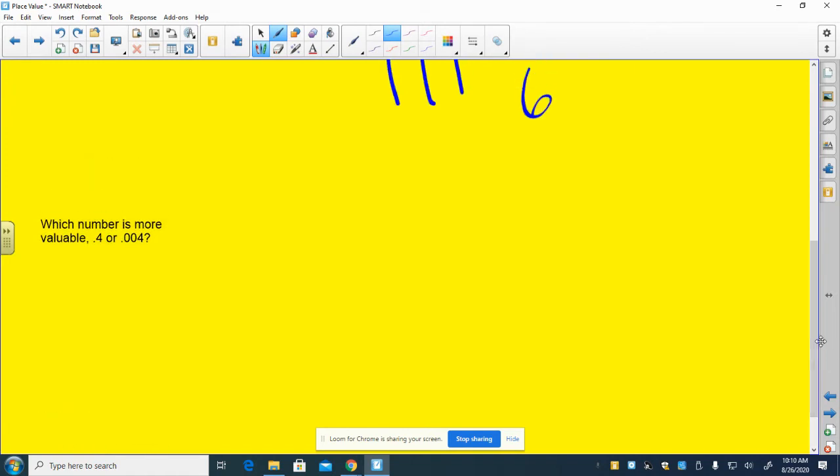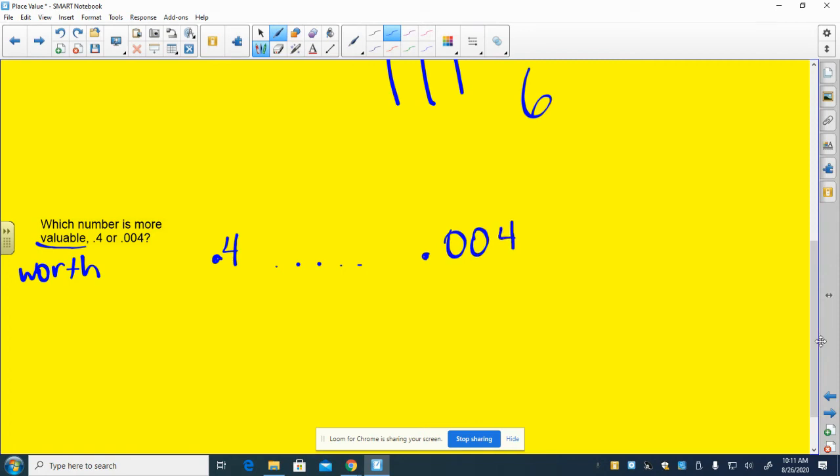Now we're going to go into decimal land with this next question. And I'm going to share another thing that you'll hear over and over as you work with me in math. Which number is more valuable? So again, we're talking about value, and value is what a number is worth. Right here we have a decimal 4, and I'm going to leave some space here. And then I have decimal 004.